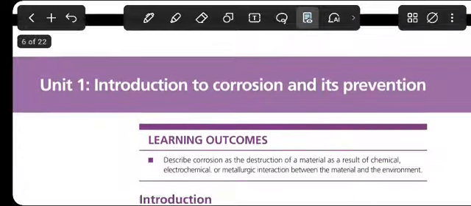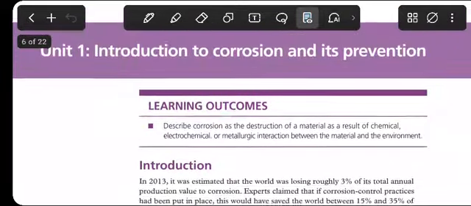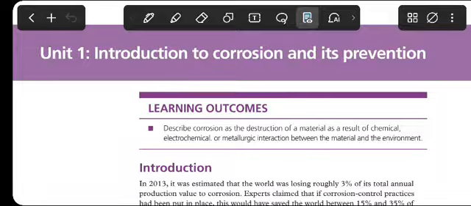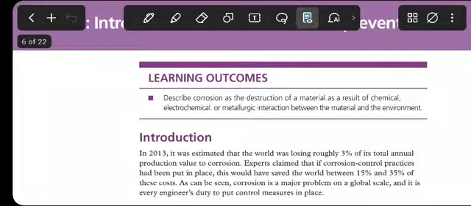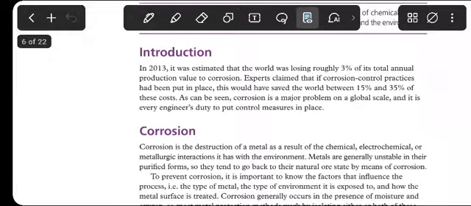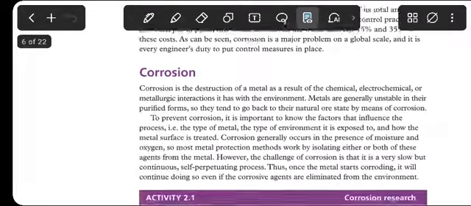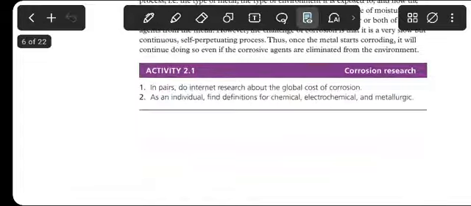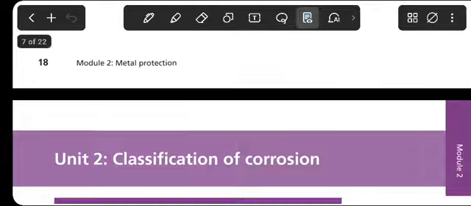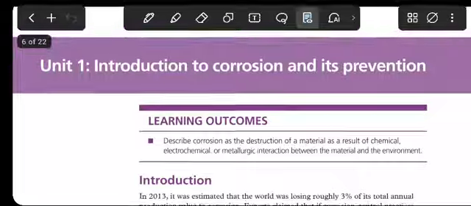So let us start our session. Introduction to corrosion and its prevention, that means how we stop it. We have corrosion. How can we describe corrosion?